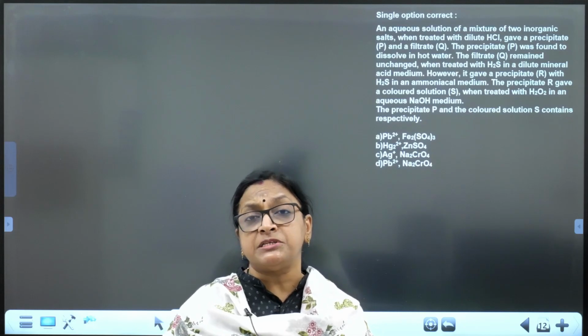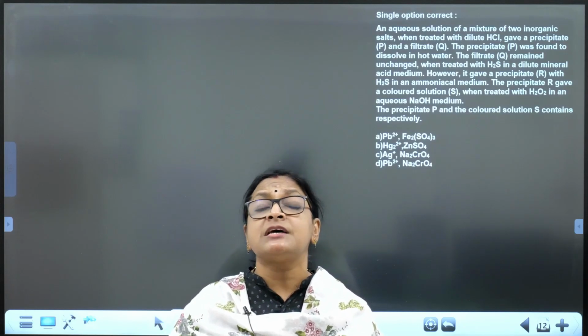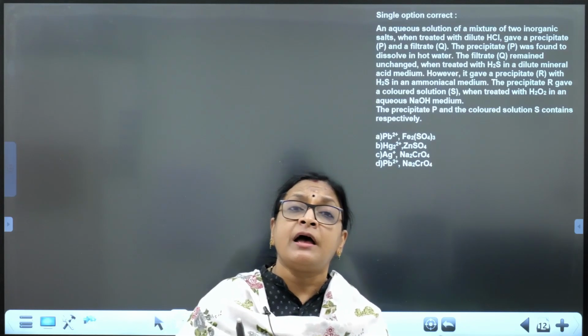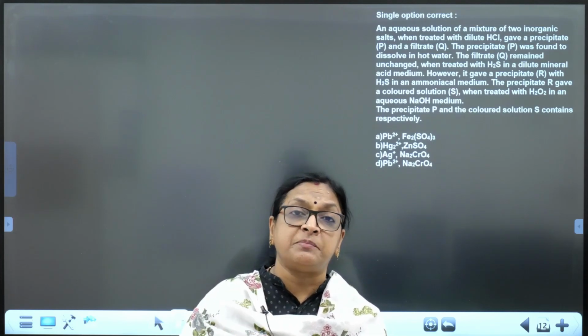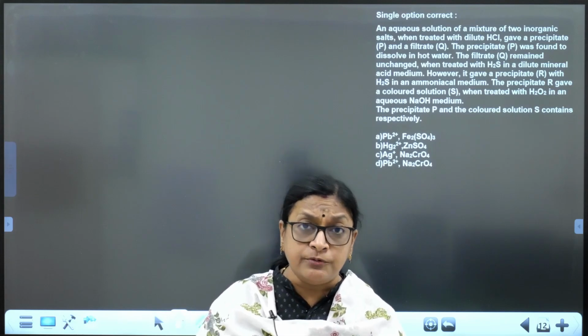So all those metal ions whose chlorides are sparingly soluble or having very low solubility get precipitated, and are tested by the group reagent dilute HCl.